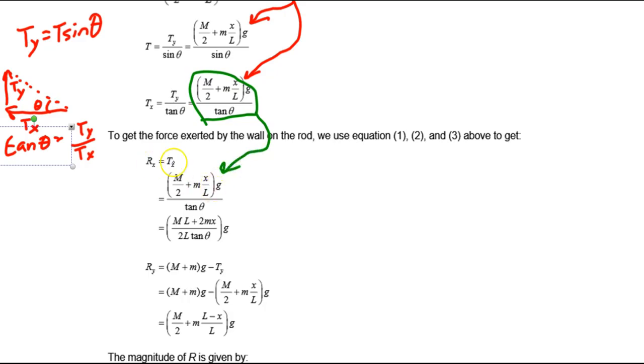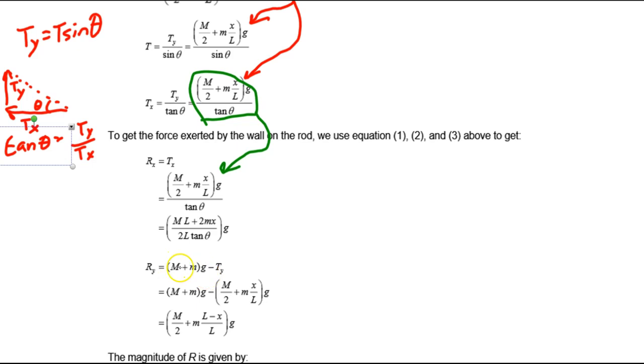So now I have something that Rx is equal to, and they simplified a little bit by factoring out the G and then moving the tangent of theta up, but nothing extraordinary has happened there.